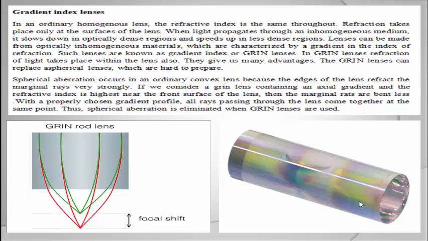With a properly chosen gradient profile, all the rays passing through the lens come together at the same point. Thus, spherical aberration is eliminated when GRIN lenses are used.